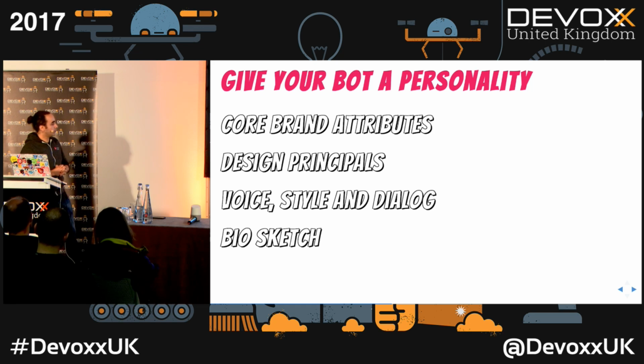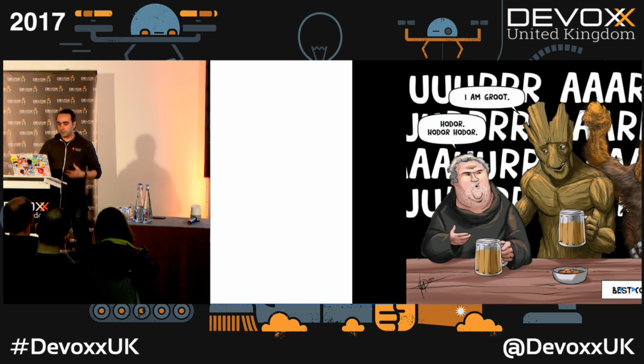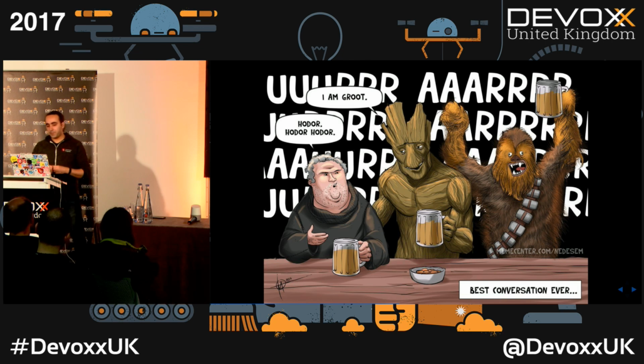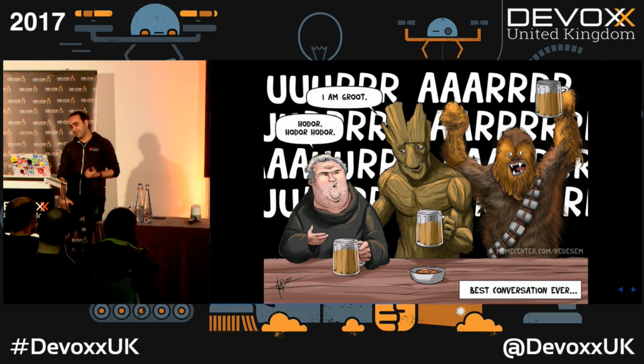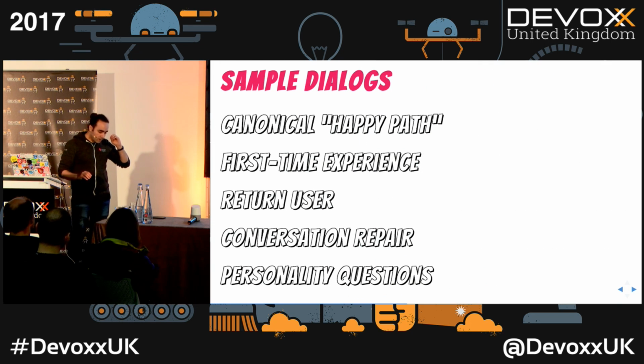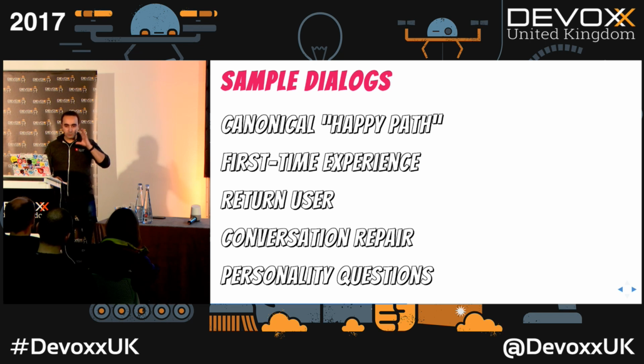And the last point you need to have is some sort of sketch. By that I mean have a sample dialogue. So if you don't want to end up like this, you really need to start by using any tool like Google Doc or Word or Notepad. Just write some sample dialogues.